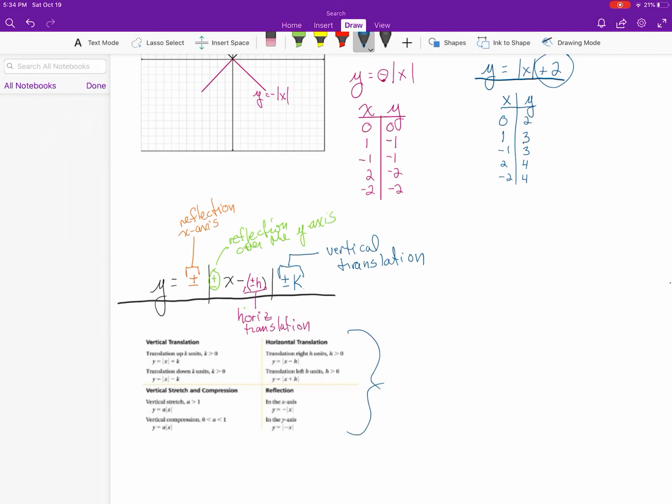And again, your book has this lovely little table, which basically just reiterates the information in this general form equation that we have up here. This whole thing is the general form.